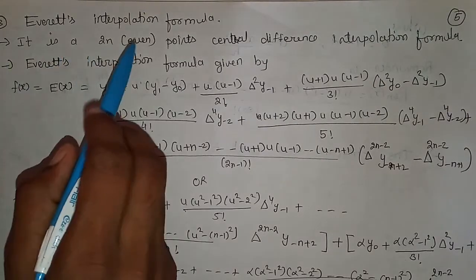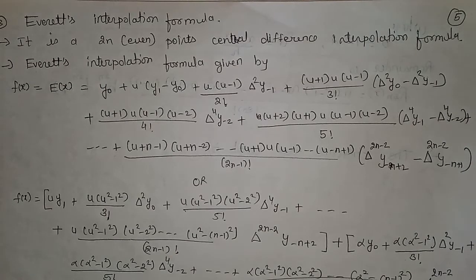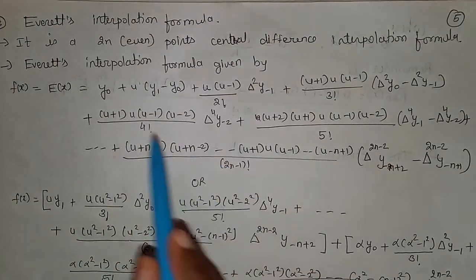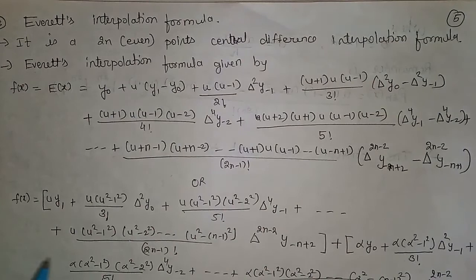Third one is the Everett interpolation formula. It is also used when we have even points. There are two formulas, but instead of the first one we always use this one.